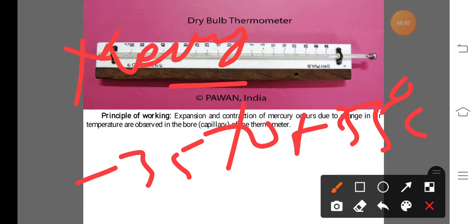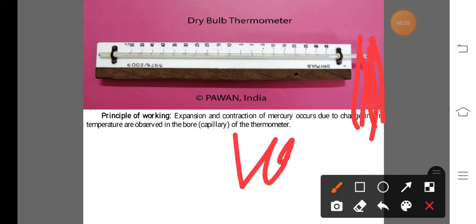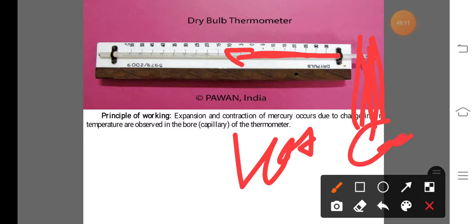By using this thermometer, the actual or current atmospheric temperature is recorded while air is passing over the bulb of this thermometer. If hot air passes, the mercury level in this thermometer increases, or if cool air passes over the bulb, the temperature shown decreases.